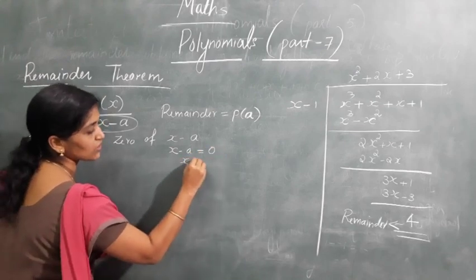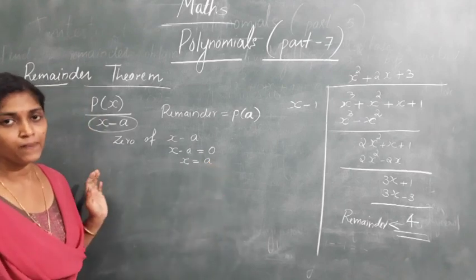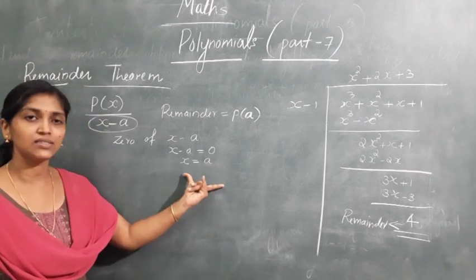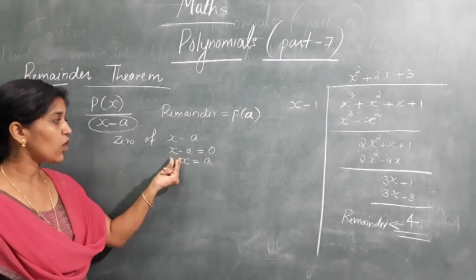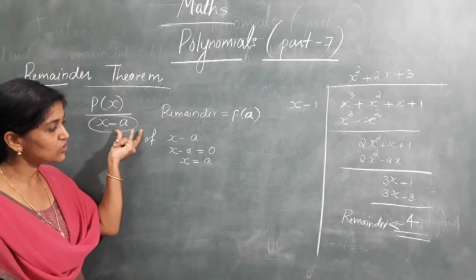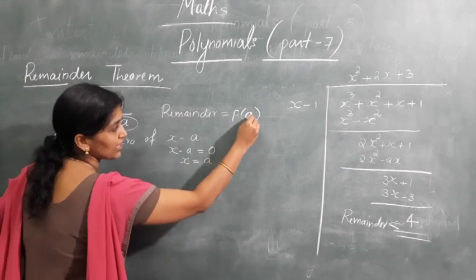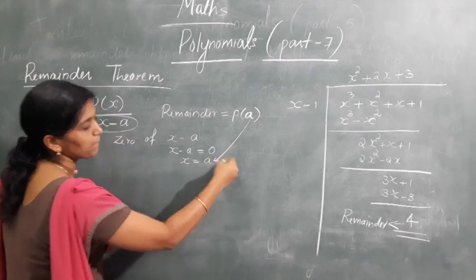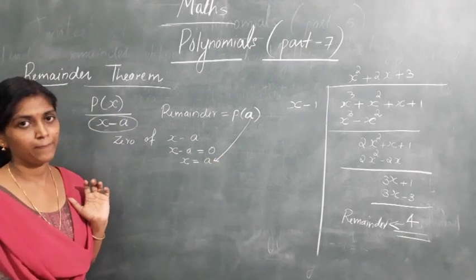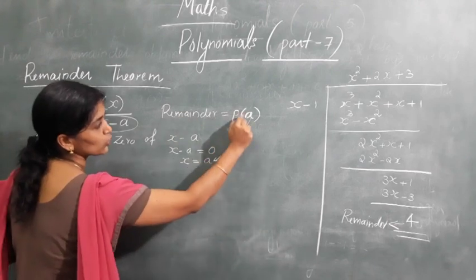Then x is equal to 0 plus a, that is x is equal to a. So x is equal to a is the 0 of this divisor x minus a. So here it says the remainder is equal to p of a. This a and this a both are the same. Clear? Remainder is equal to p of a.